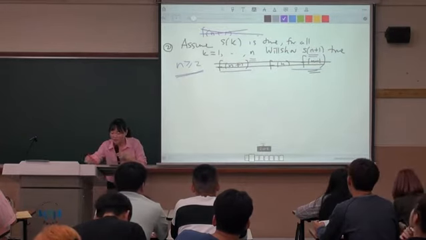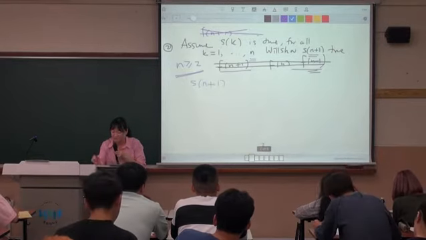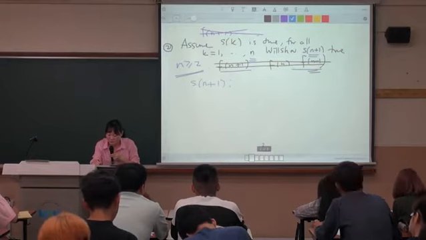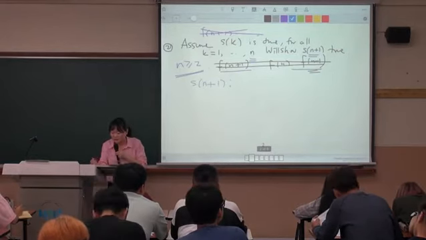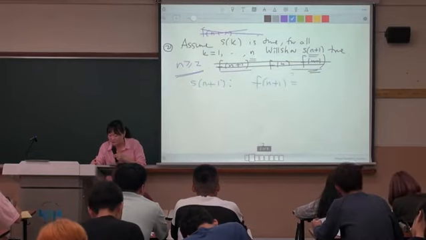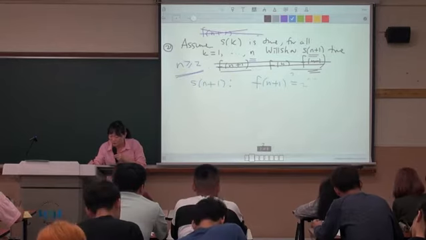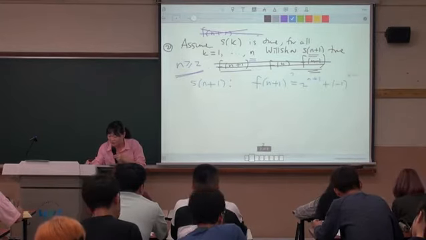So S sub n plus 1 is the following. Does F sub n plus 1 equal to 2 to the n plus 1 plus minus 1 to the n plus 1? Is that true?